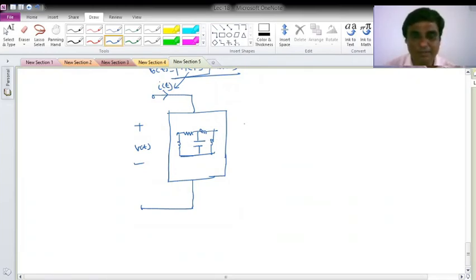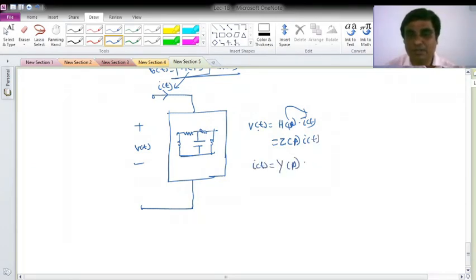In time domain, V of t will be equal to H of p into I of t. So the system operator operating on I gives V of t, and this will be your impedance, and if I write current in terms of voltage, it will be your admittance. So basically your Heaviside operator is as good as related to the impedance operator or admittance operator.